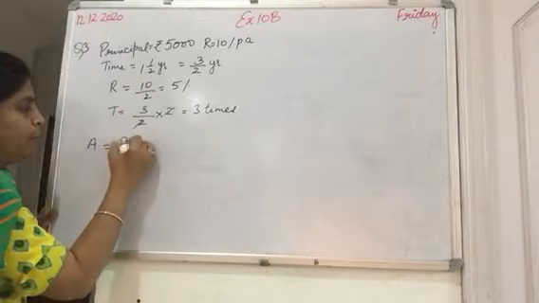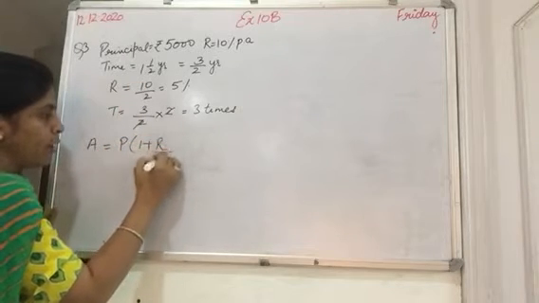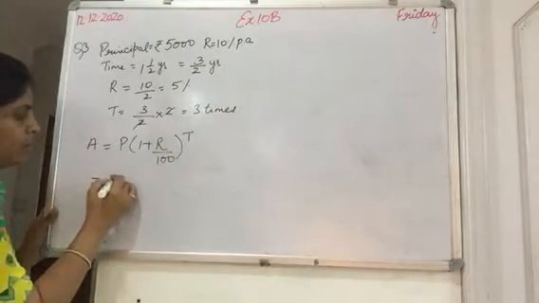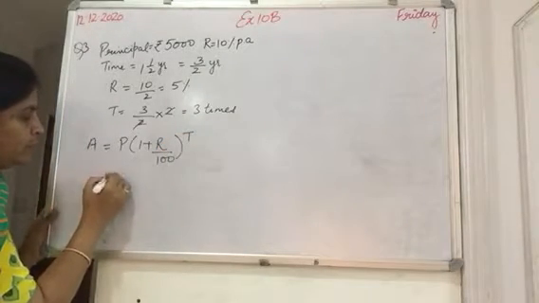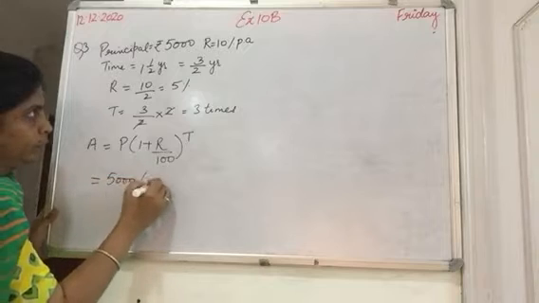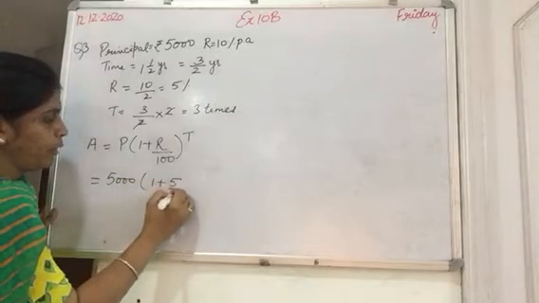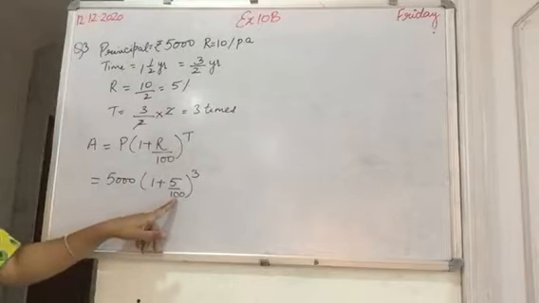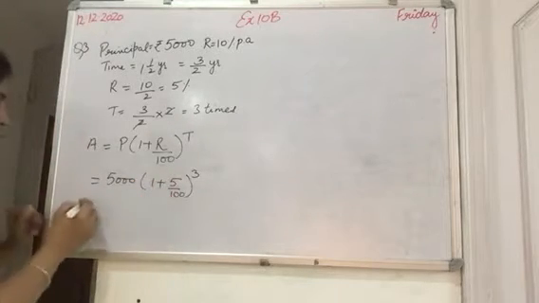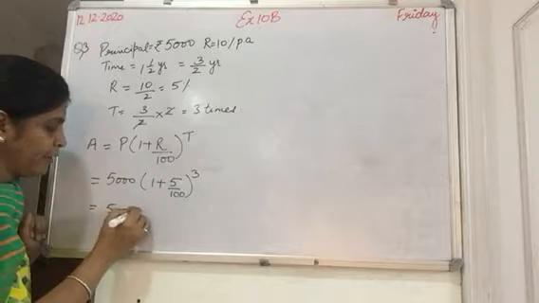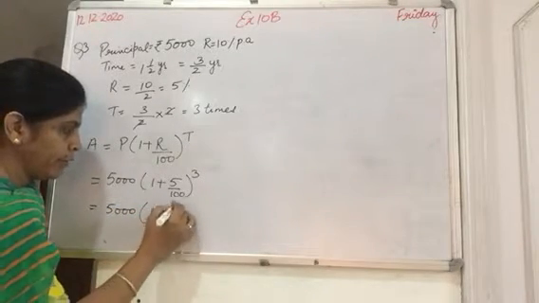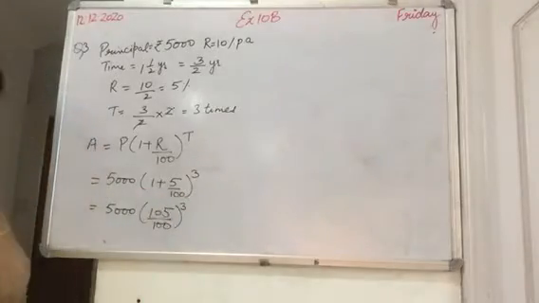Now we will write P into 1 plus R upon 100 to the power T. P is 5,000, rate is 5 upon 100, to the power 3. Now taking the LCM, 100 plus 5 becomes 105 upon 100, to the power 3.